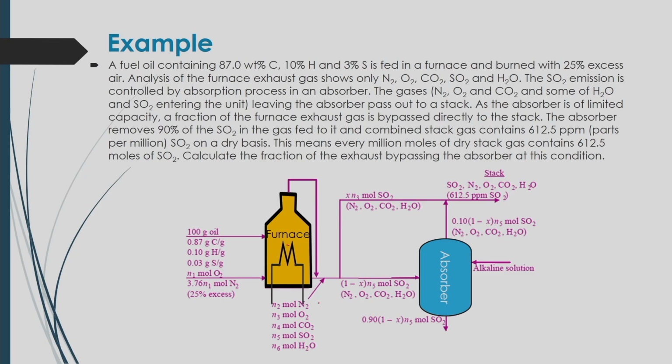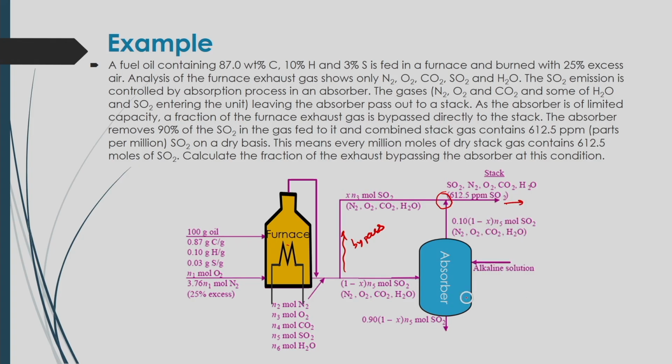Now, from this mixture, some amount will be bypassed as shown here. This is the bypass around the absorber unit, and some fraction will be allowed to pass through the absorber to absorb some gases, and then the outlet gas from the absorber will again mix with the bypass amount and go to the stack.